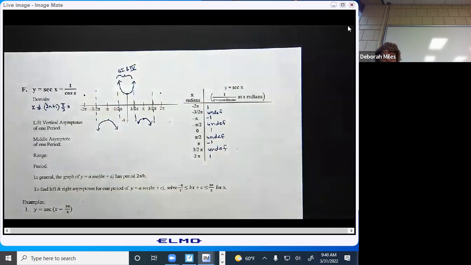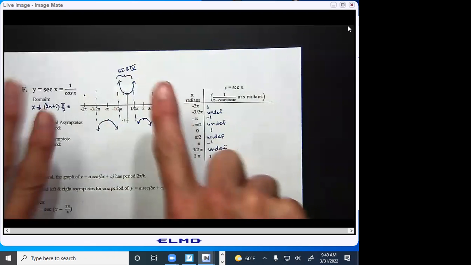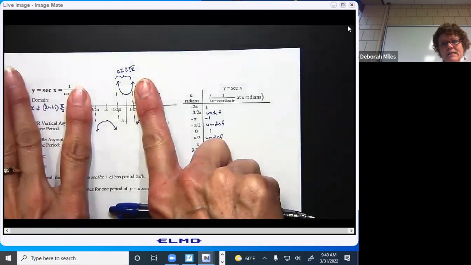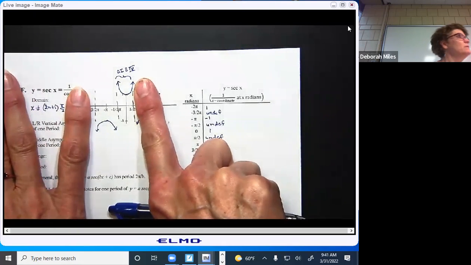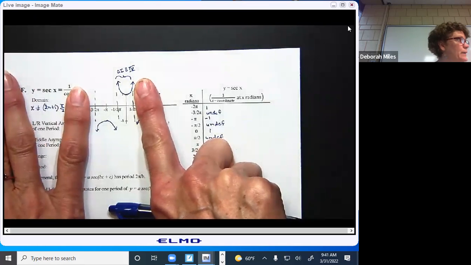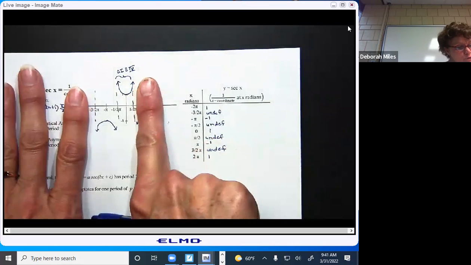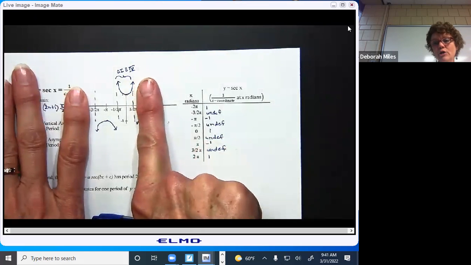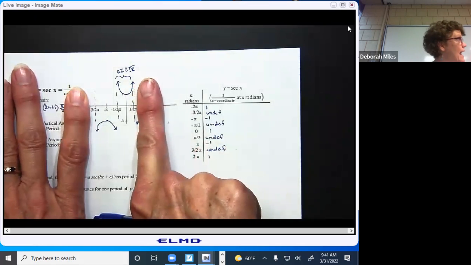How large of an interval do you think we'll have to get one complete picture of everything secant's ever going to do? Just like cosecant, it takes a whole interval of 2 pi to get both a concave up U and a concave down U. So for one period, we could use from -3/2 pi to 1/2 pi.